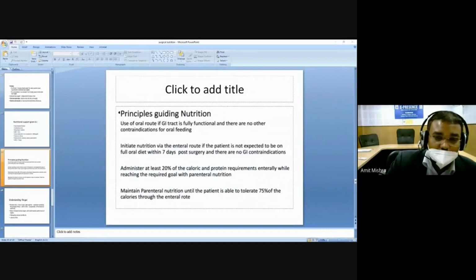And one more thing, I have important data regarding your attendance. It shows when you join and when you leave, and this data goes to the director's office.